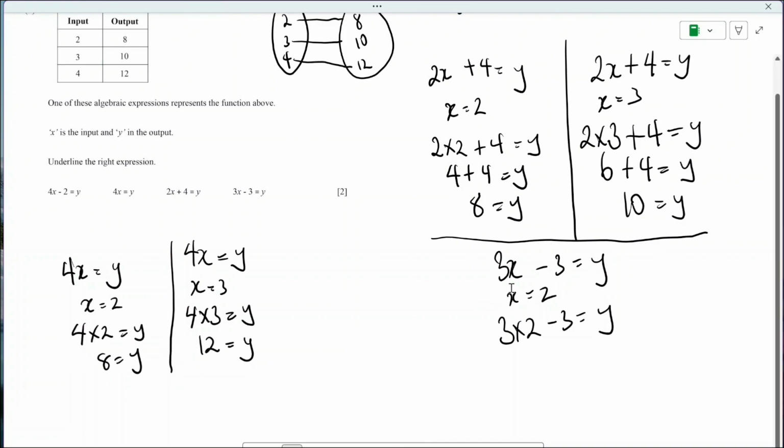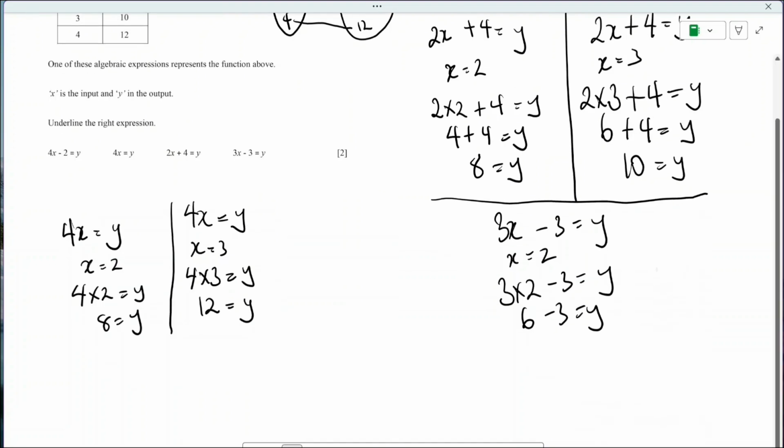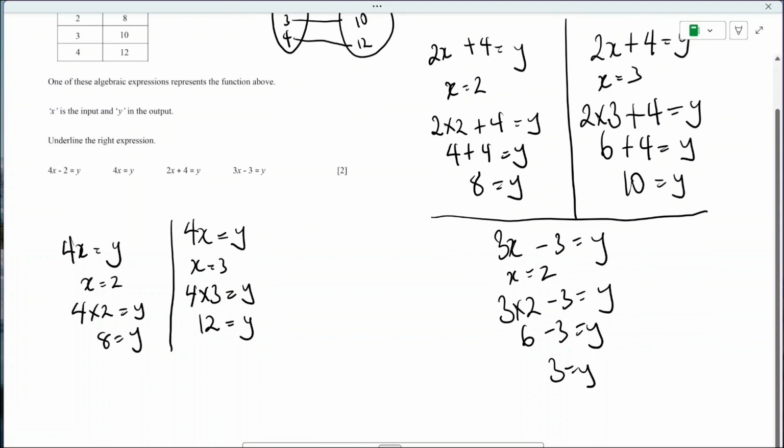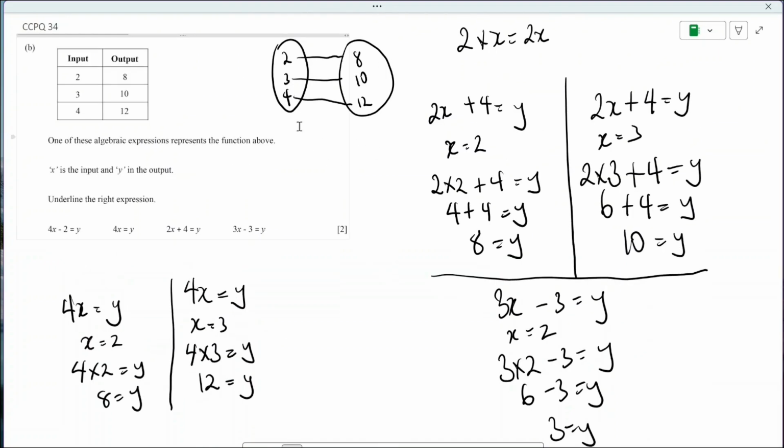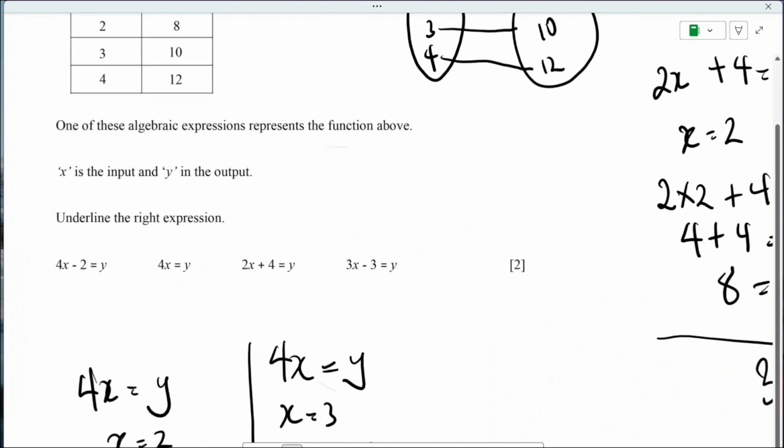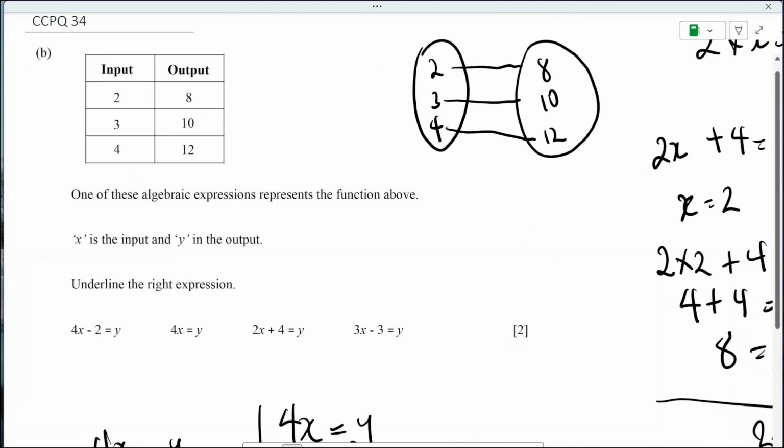We've changed the value of this x to 2. 2 times 3 is 6. 6 minus 3 is 3, so y is 3. So when x is 2, y is 3. And we know when x is 2, y is 8. So the fourth option doesn't work. We're asked to underline the right answer. The right answer is 2x plus 4 equals y. Hope you understand.